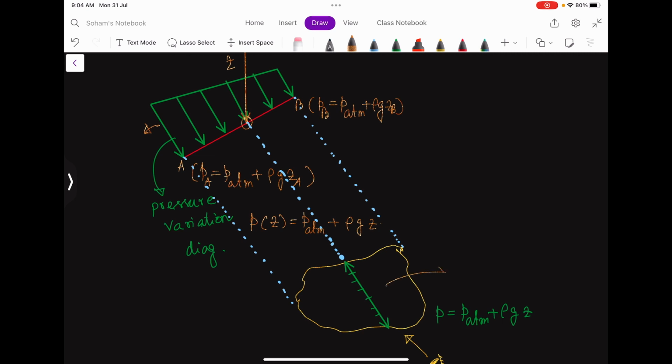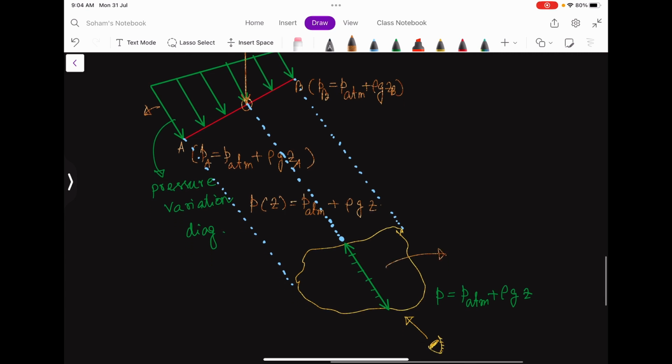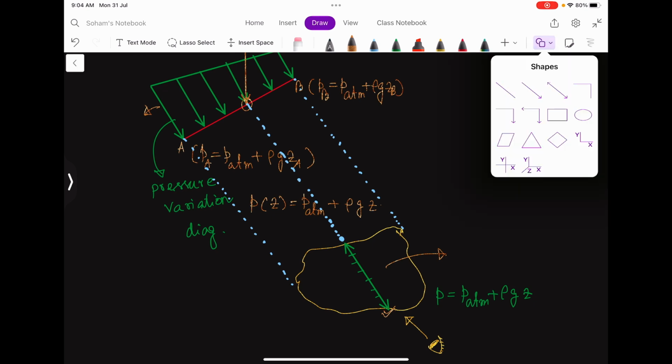On this cross section, the pressure variation diagram would be something like this: on any line like this, there will be a rectangle. So that rectangle will be something like this.